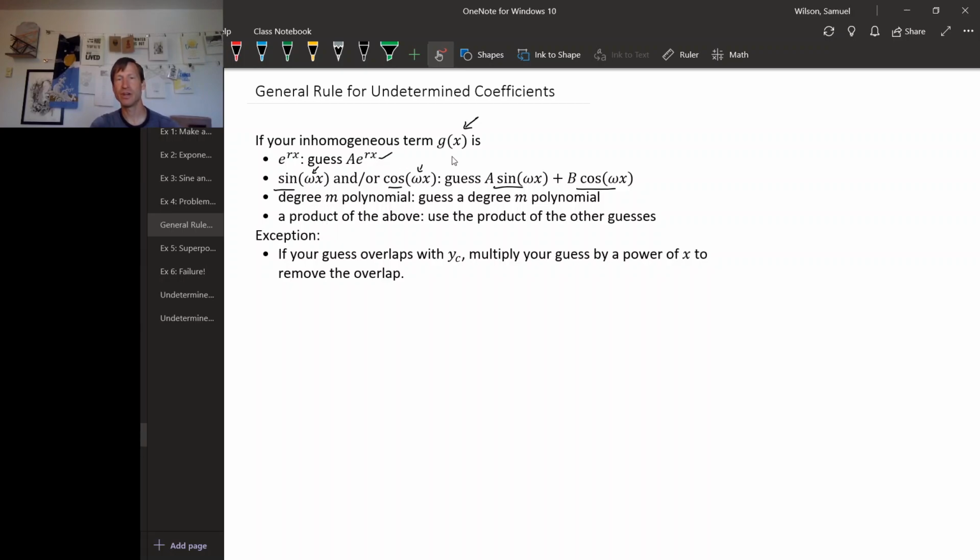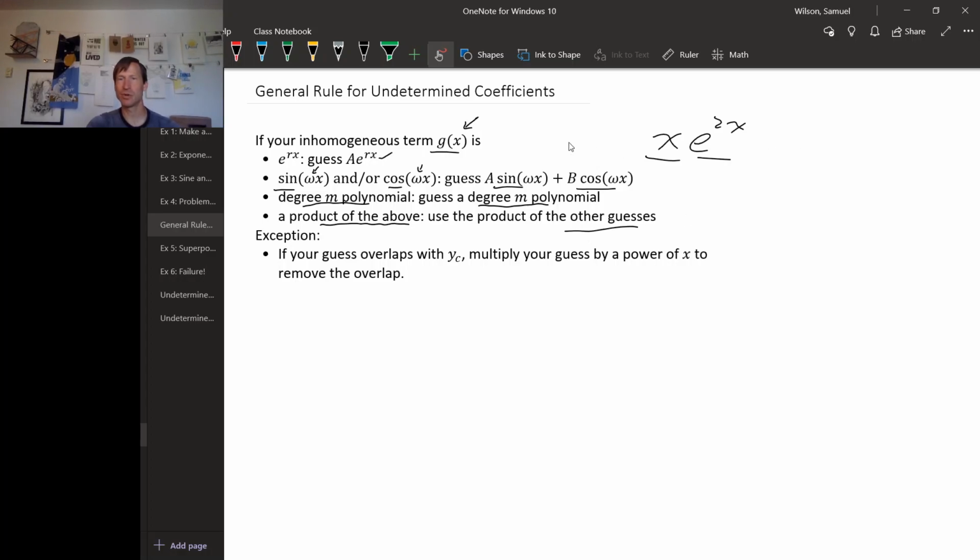If your inhomogeneous term is a polynomial, then guess a polynomial of the same degree. And we didn't look at an example of this case, but if you have a product of any of these possibilities, like say x times e to the 2x, so this is a polynomial times an exponential, then you just take the product of the guesses that you would make.